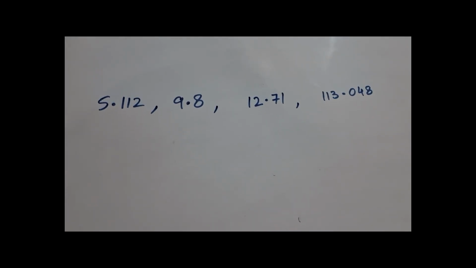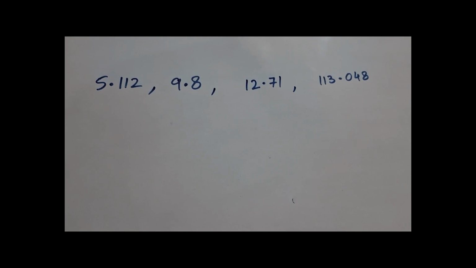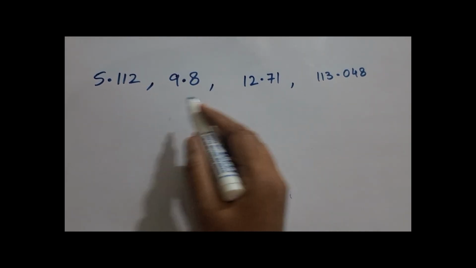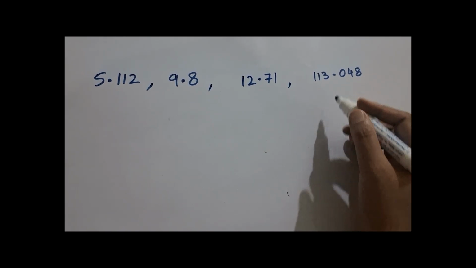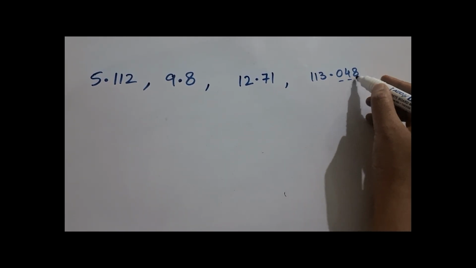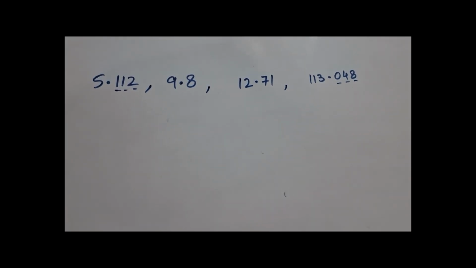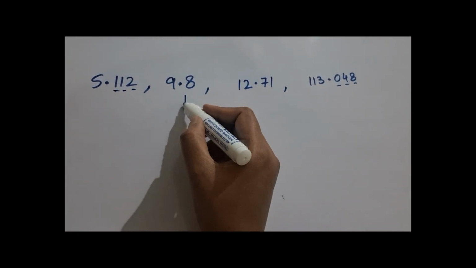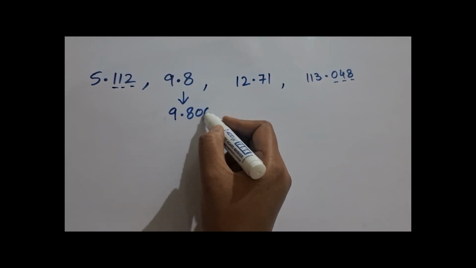While converting unlike decimals to like decimals, first we need to check, children, for the given decimal numbers, the highest decimal places are what? 3. Here 3 and here also 3 decimal places. The highest number of decimal places are 3. Now we need to make the other one also 3 decimal places. 800.